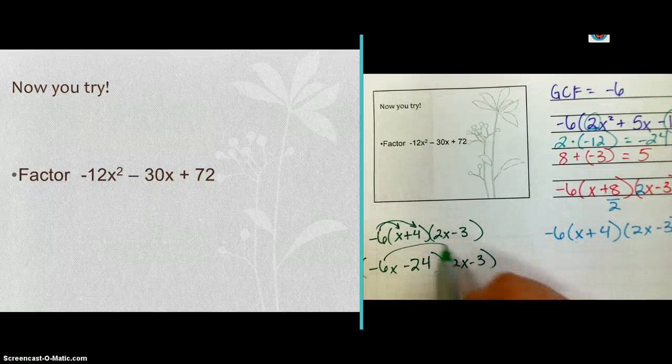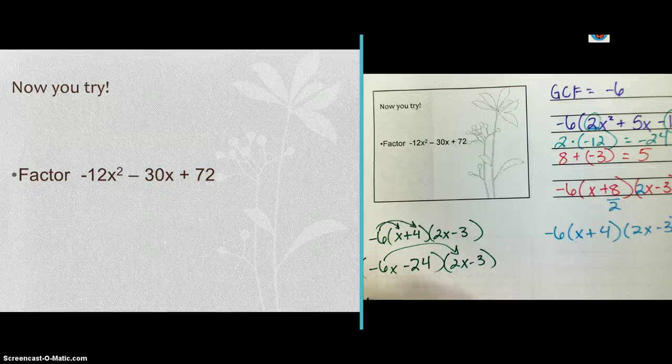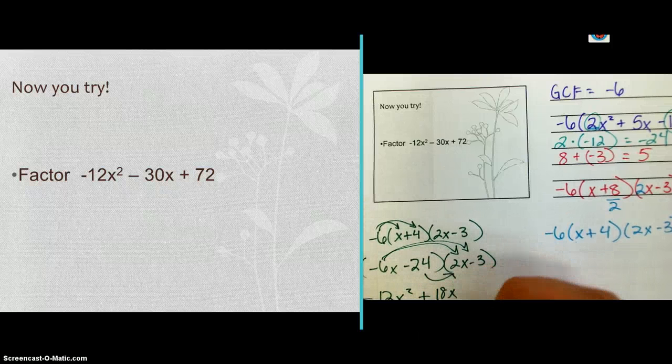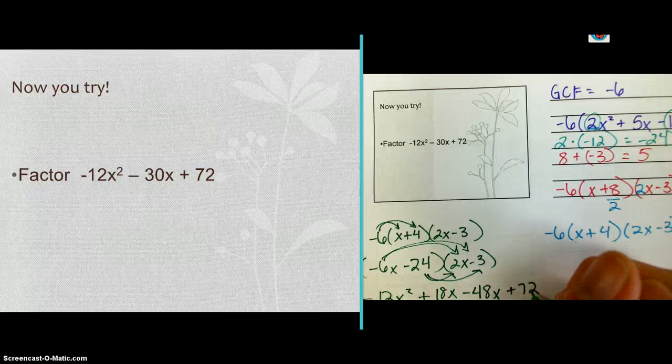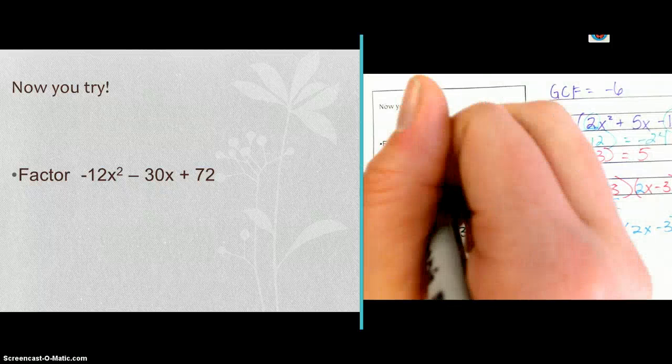When I multiply these, I get the negative 12x squared, positive 18x, negative 48x, and positive 72. I have to combine like terms. When I do that, I do actually end up with the original equation.